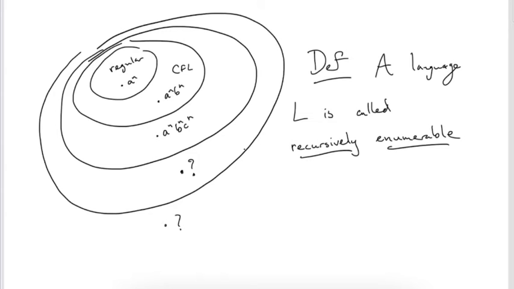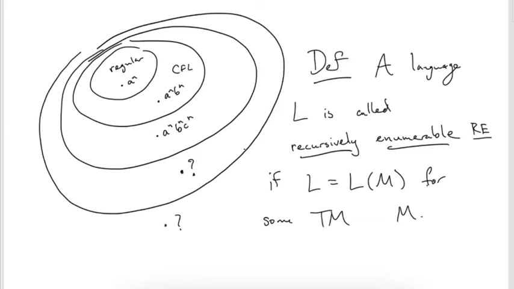Recursively enumerable, and we are going to say RE typically, just because it's a pain to write recursively enumerable, if L is the language of some Turing machine M.